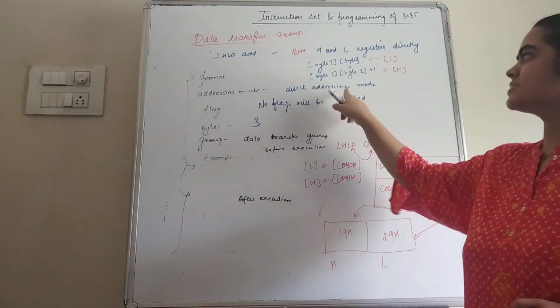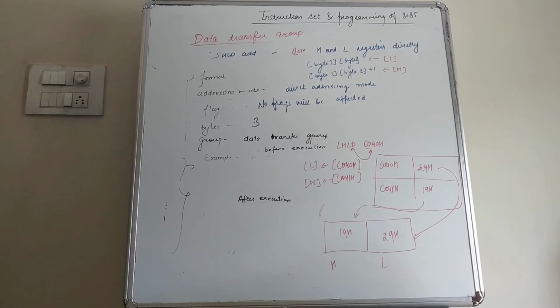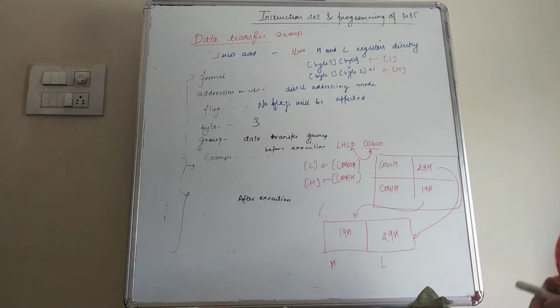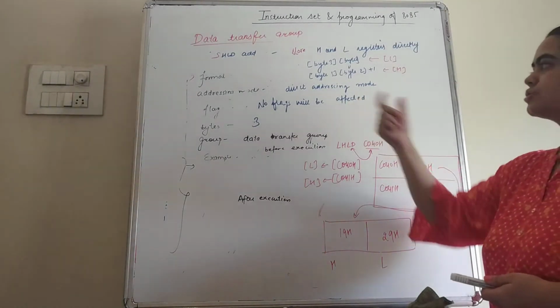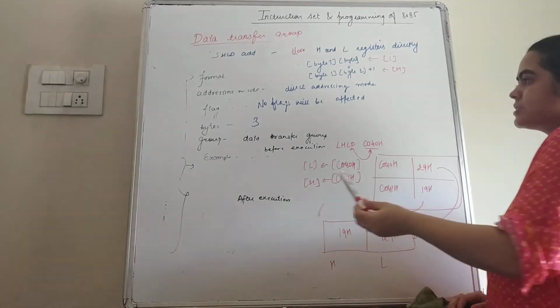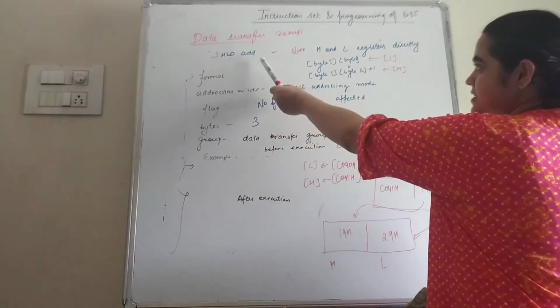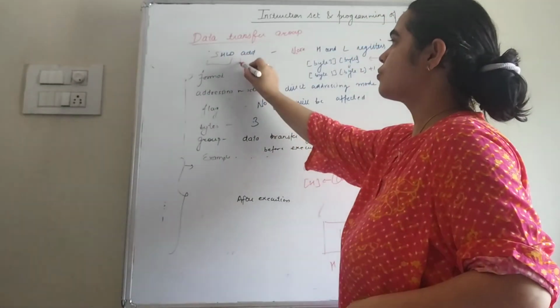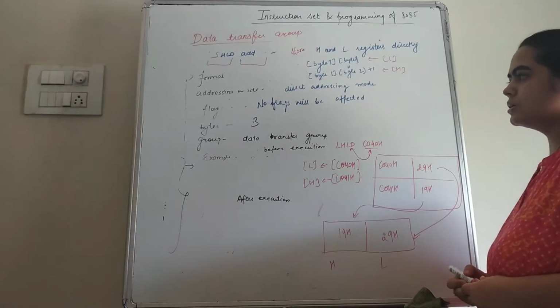Addressing mode: the addressing mode is direct addressing mode, because the address is given in the instruction and we can directly store and load the data. Flags: no flags will be affected because the instruction comes under the data transfer group. Bytes: the address is specified in the instruction, so 1 byte will be occupied by the opcode and 2 bytes will be occupied by the address.